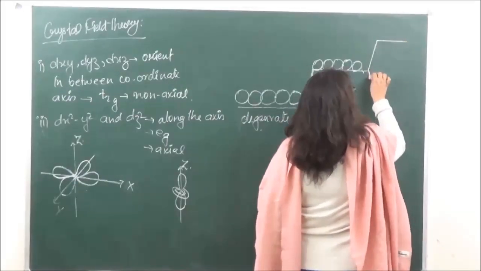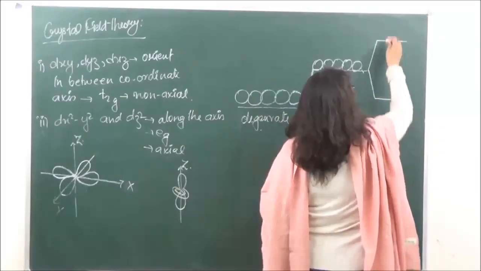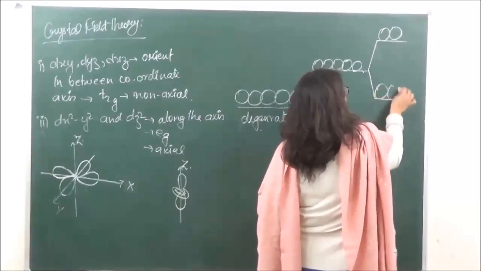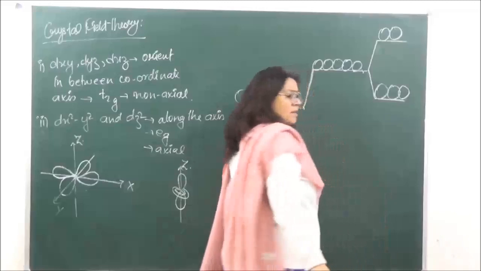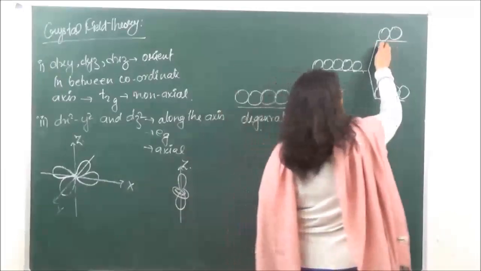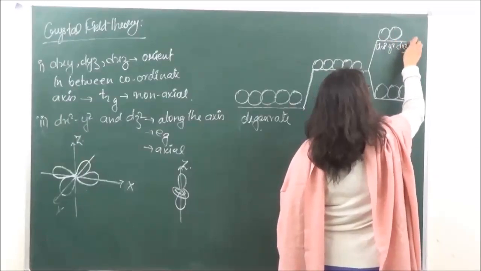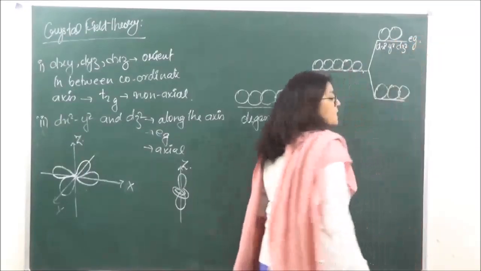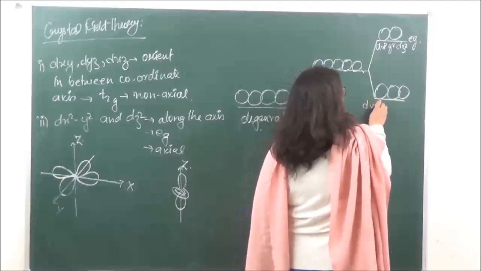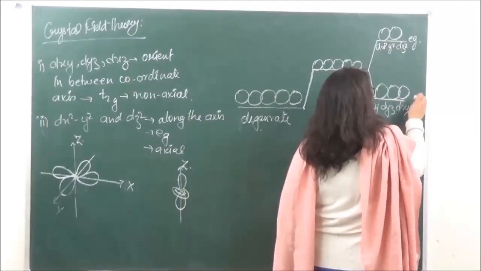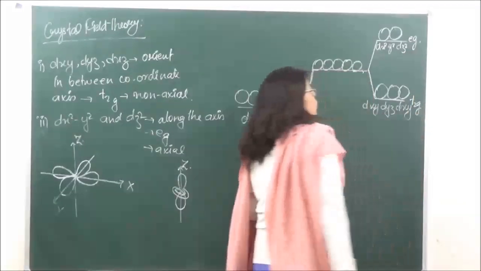So we now have 2 sets. One is going to be at a higher energy level. The higher energy level is dx square minus y square and dz square. These are going to be known as Eg, and we have dxy, dyz and dxz, which are known as T2g orbitals.